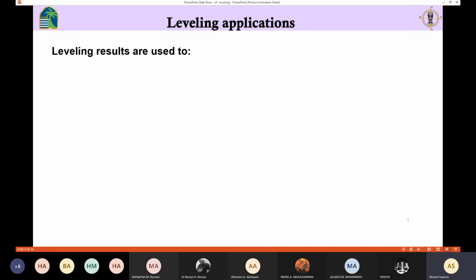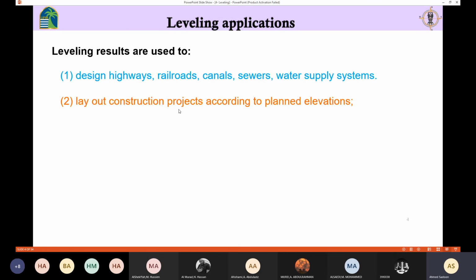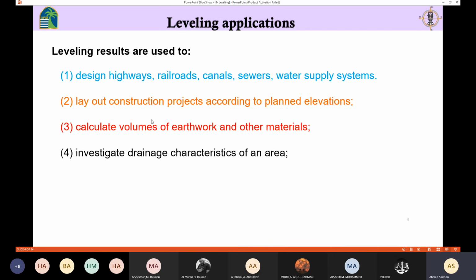So the result from leveling is going to be used to design highways, railroads, canals, sewers, water supply systems, layout construction projects according to plan elevations, and calculate volumes of earthwork and other materials. And also we are going to use the results from leveling in order to investigate hydrologic characteristics of an area, and to develop maps showing general ground configuration. So that is why the leveling process is very important.